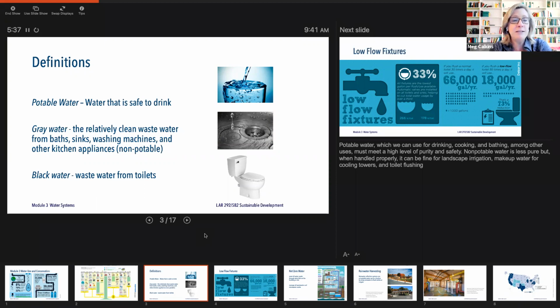This might have little pieces of food in it. It might have skin or hair. We would not want to drink it, but it's relatively clean in that it doesn't usually contain pathogens. And so we can reuse this for other uses like flushing toilets or irrigating landscapes.